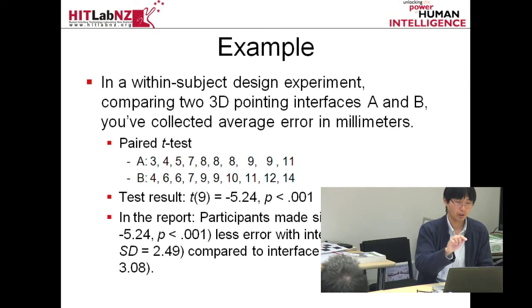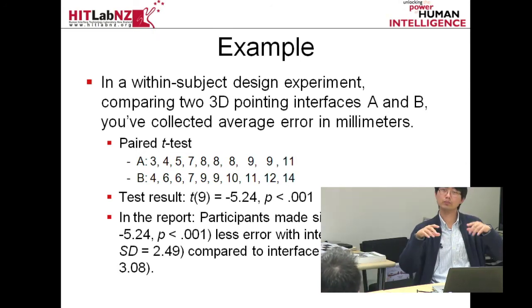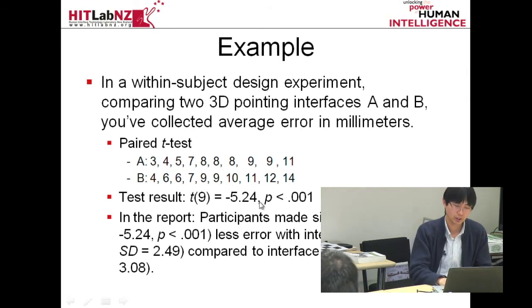But anyway, within subject designs are more useful when you want to highlight small differences, because you can get a more direct comparison between the 2 interfaces rather than between subject.